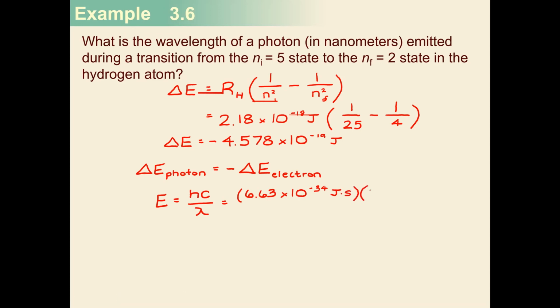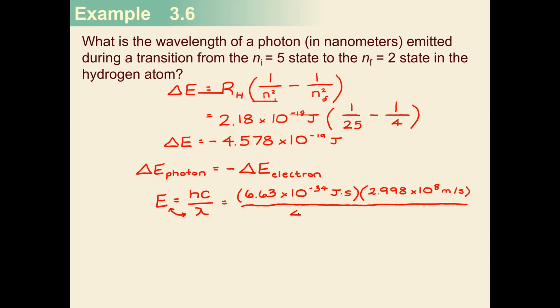We have our speed of light, which is 2.998 times 10 to the 8th meters per second. And then finally, we are going to take the positive value for our energy and switch our species. Notice that I am just flipping the location of our energy and our wavelength.